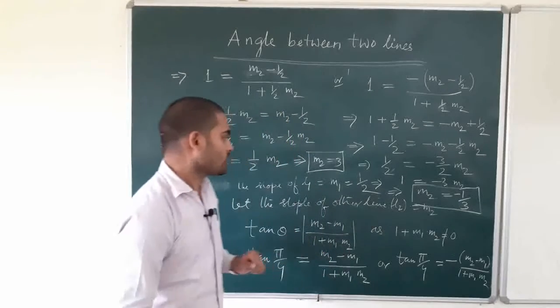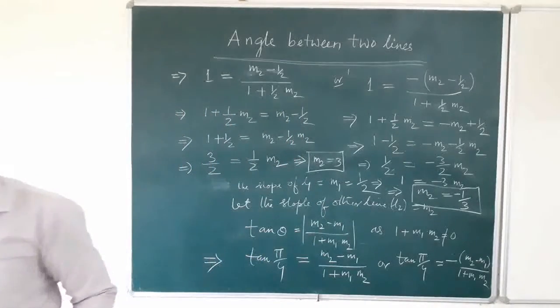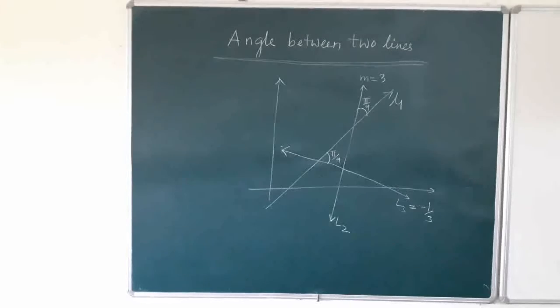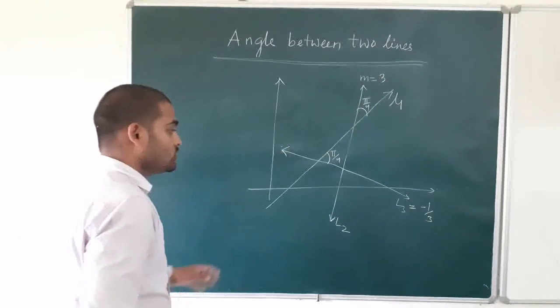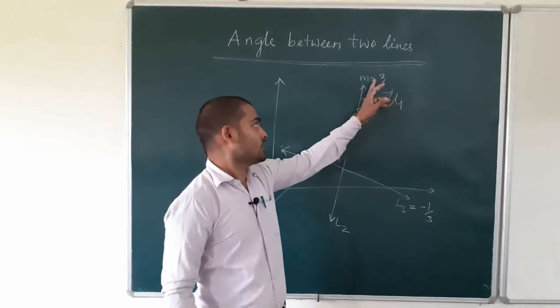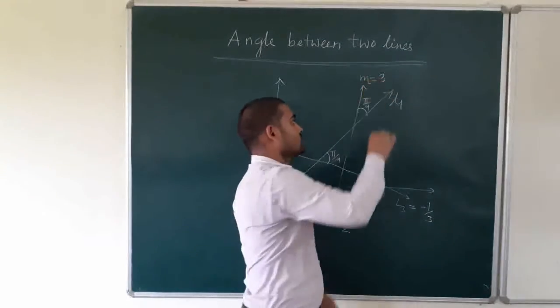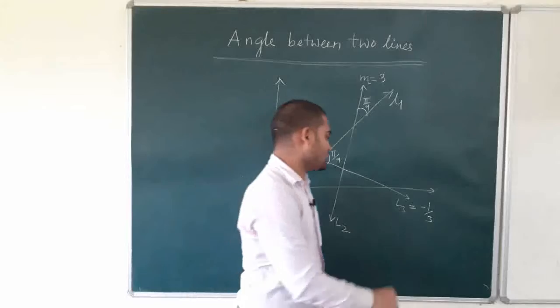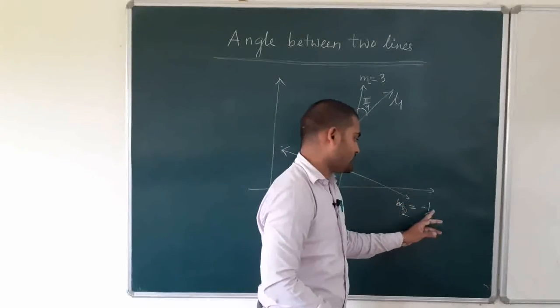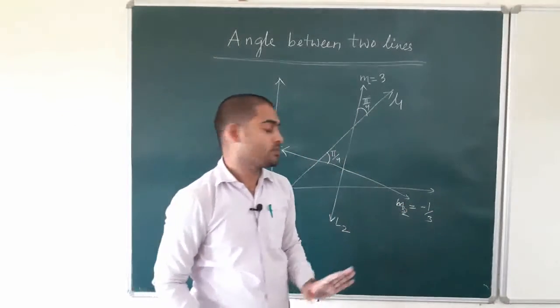Understood? We have two slopes. One is m2 equal to 3, and another is m2 equal to minus 1 by 3.